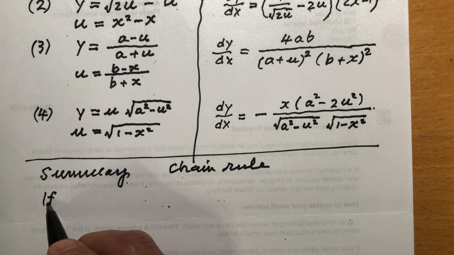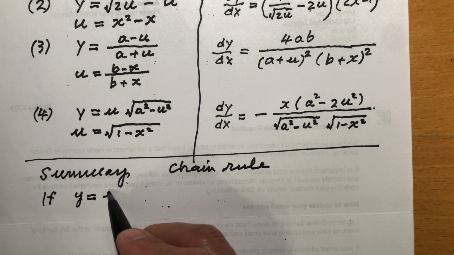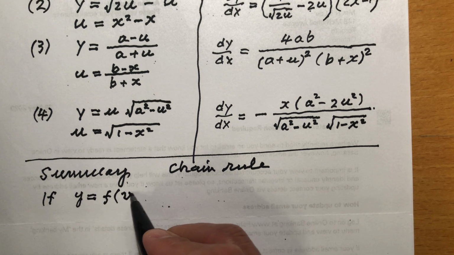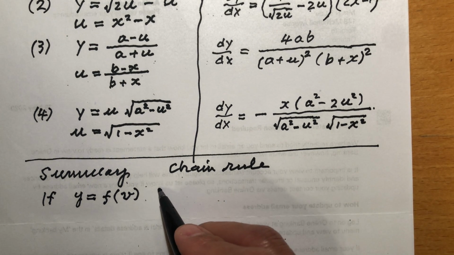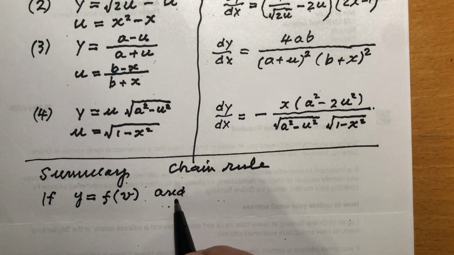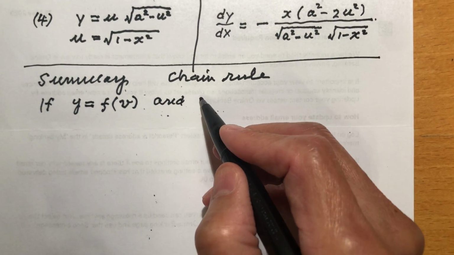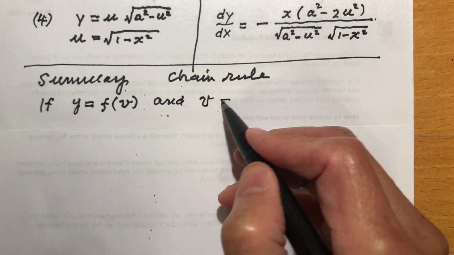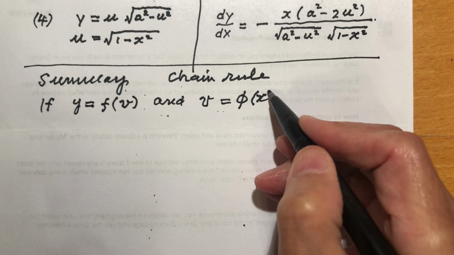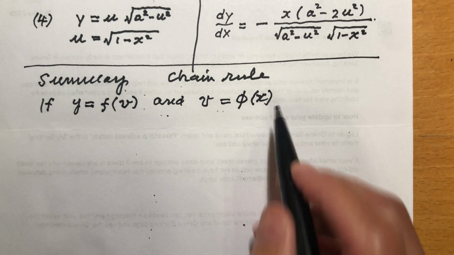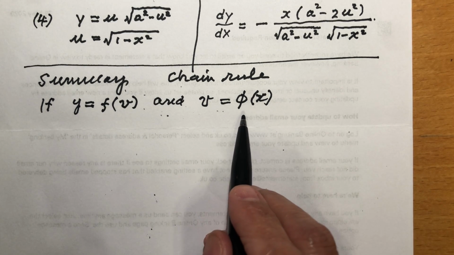If the function y is a function of v, and v is a function of x. So y is a function of v, and v is a function of x.